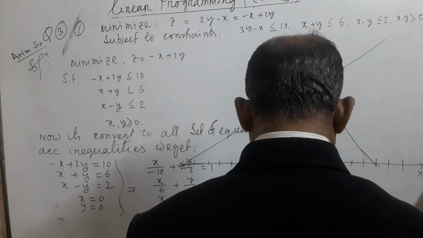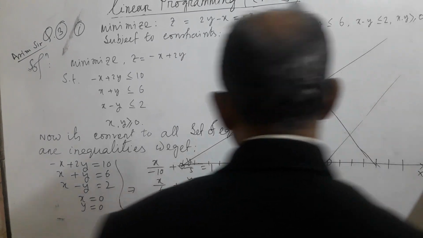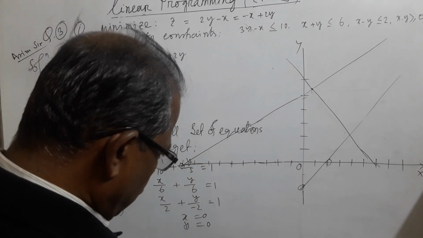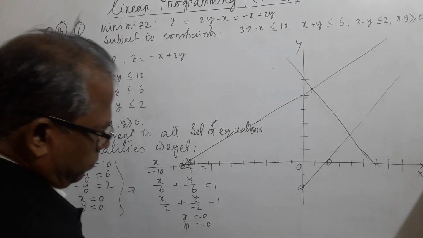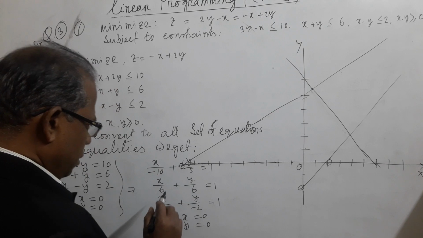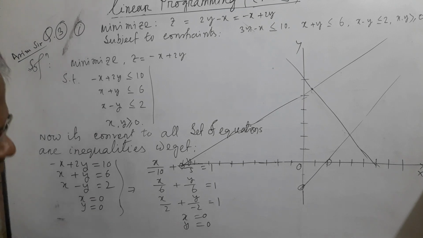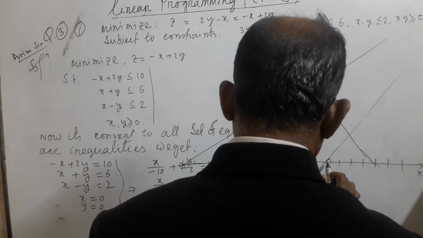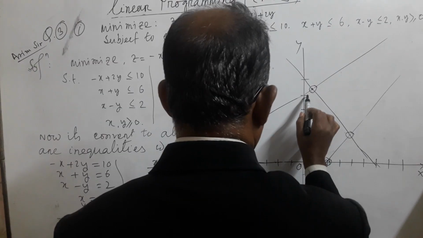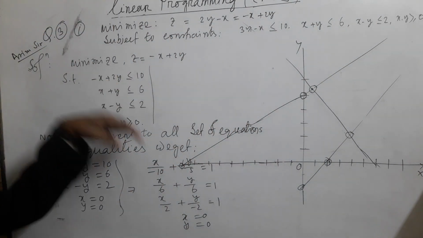These two points are joined with the line. Since all conditions are less than or equal, obviously the first, second, third and fourth points are the vertices of all the constraints.